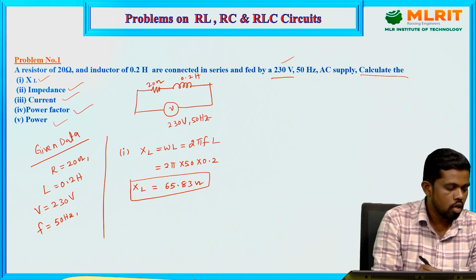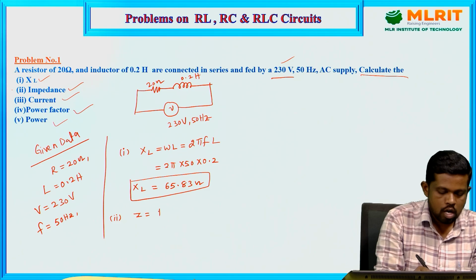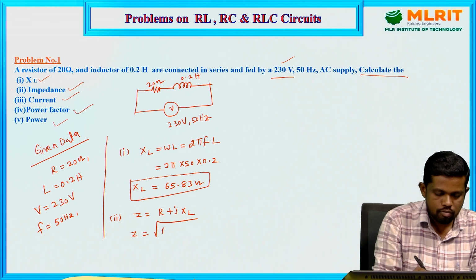Based on this, I need to find the impedance offered by the network. That is the second question. Impedance Z equal to R plus jXL, and the magnitude is the square root of R square plus XL square.